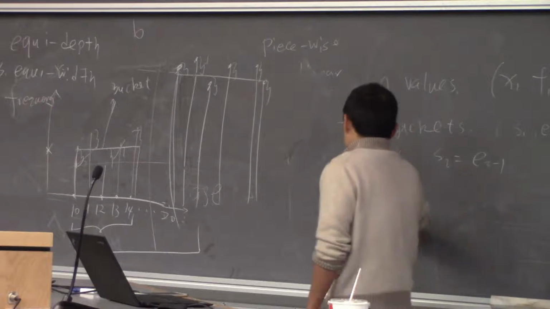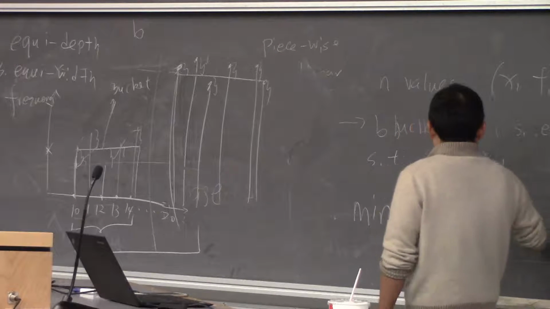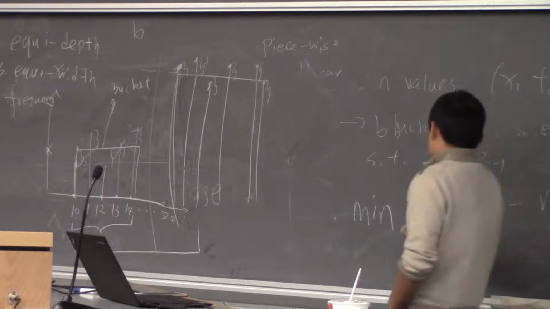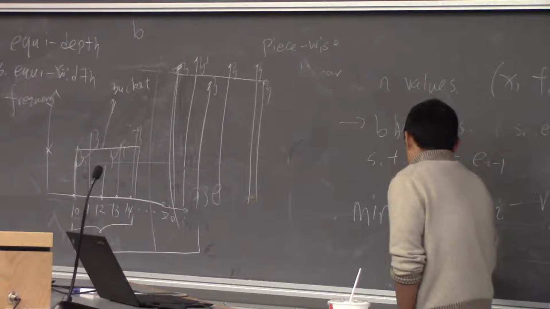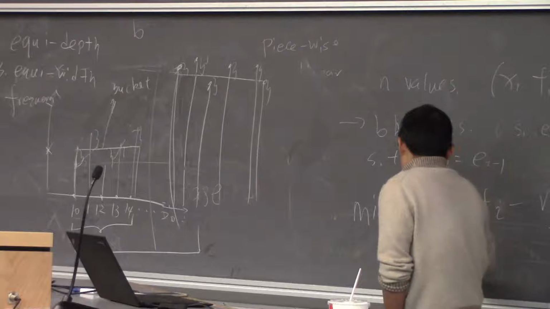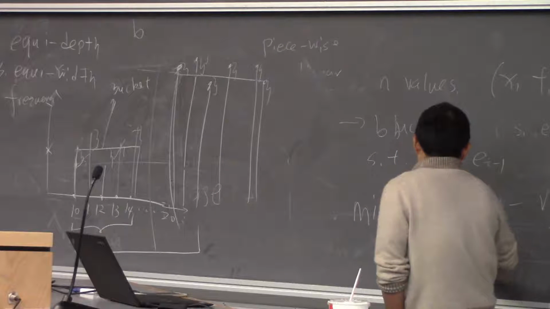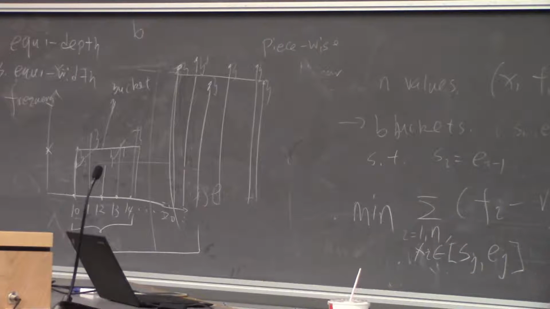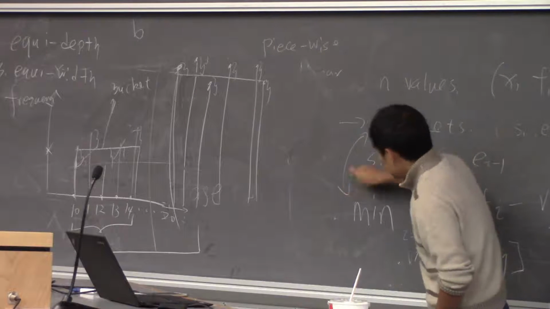And what's your goal? Okay? So you want to find these B buckets such that this value is minimized.